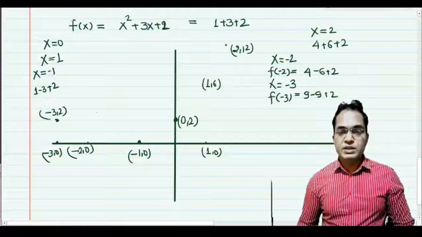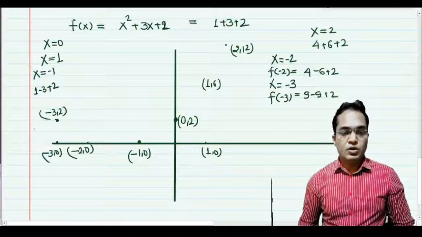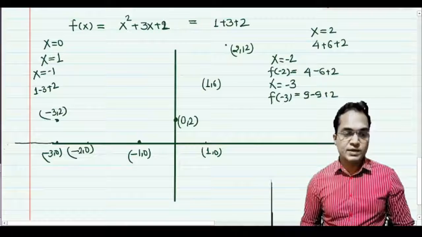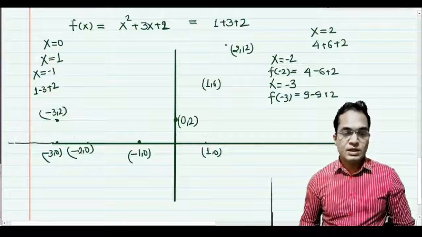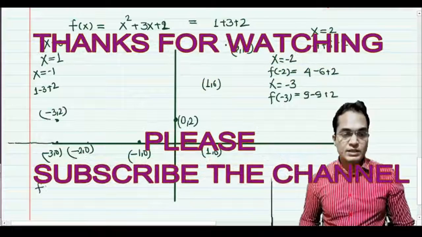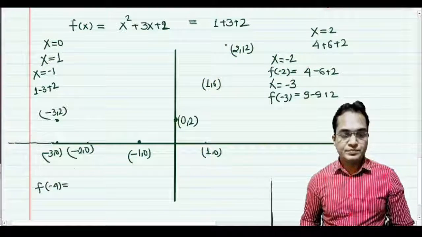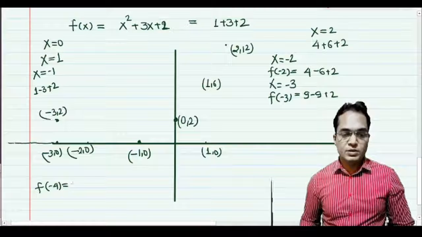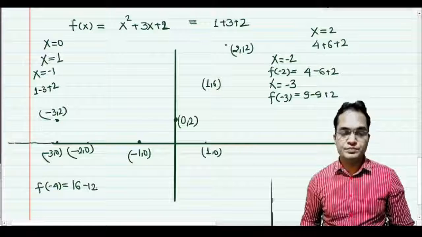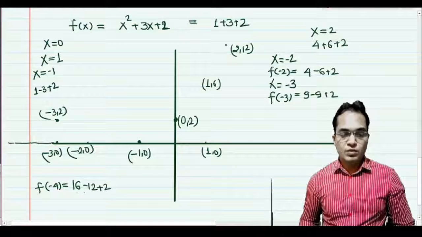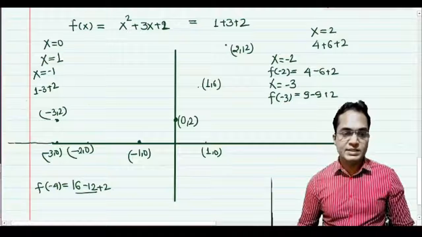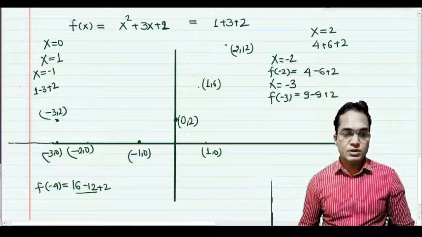We can draw the points here, also -4, -5. Let us take one more point. At -4, what will be the answer? Put -4, it is 16, then -12 plus 2. What is the answer? 6. So it is equivalent to this point, the height is near about this.